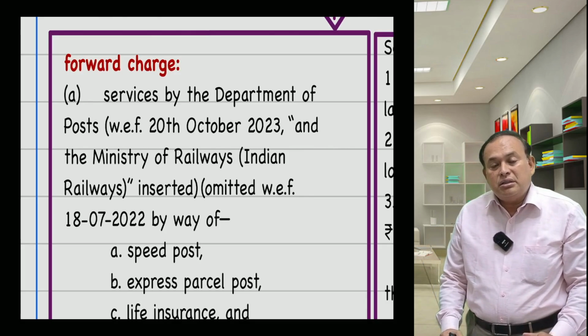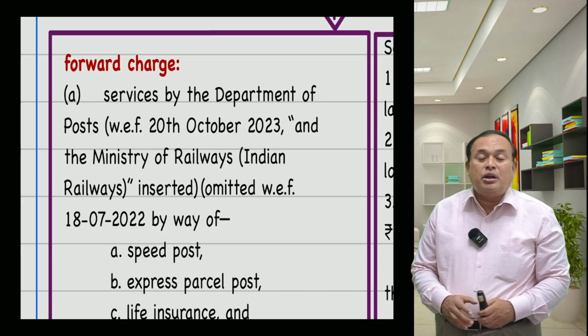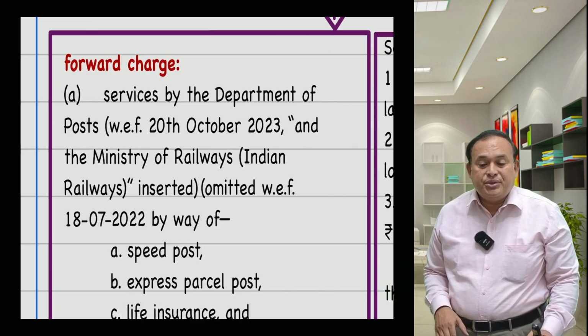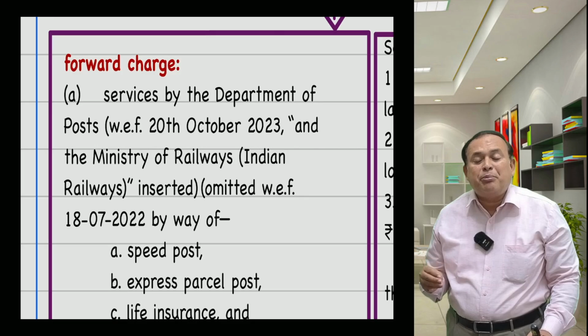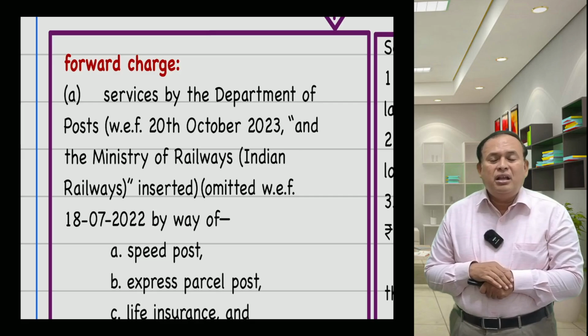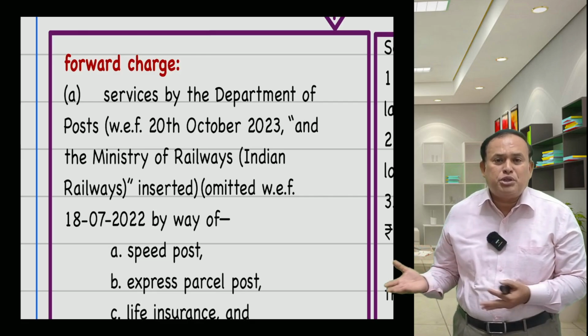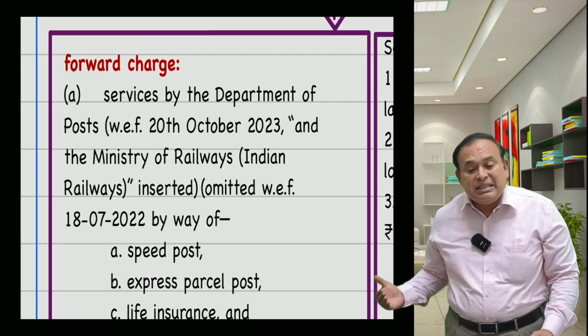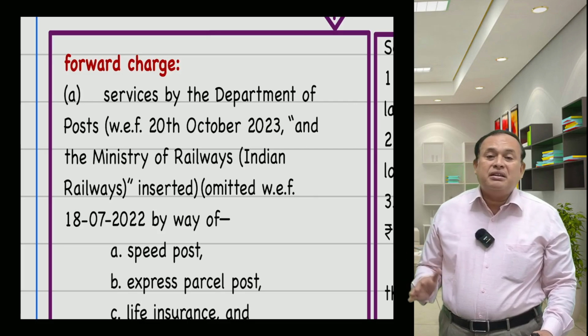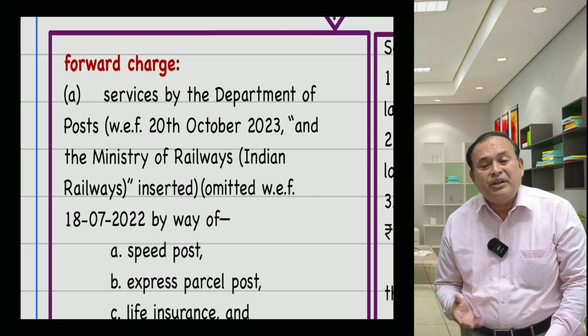Meaning what? Supply of service by government or local authority: they provide these services. Services of Department of Post. Services of Department of Post means what, my dear? Central Government of India, Postal Department. Now inserted from 20th October 2023, Ministry of Railways, Indian Railways, Central Government of India.